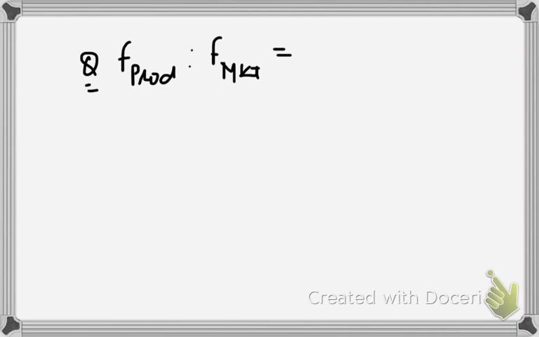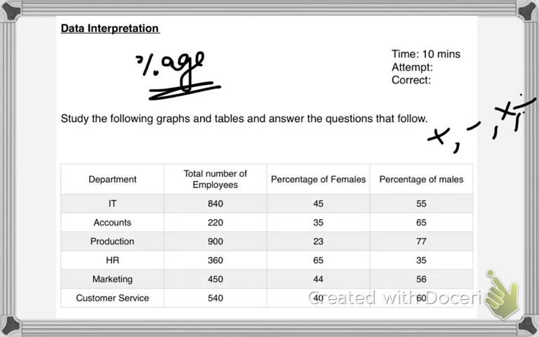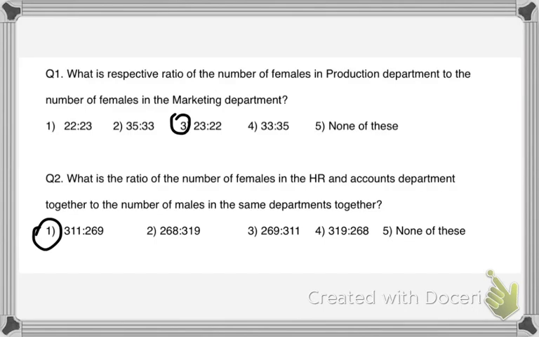You have to find the ratio of females in production and marketing. Referring to our table, the number of females in production is 23% of 900, and in marketing it is 44% of 450. It's the easiest of the questions.